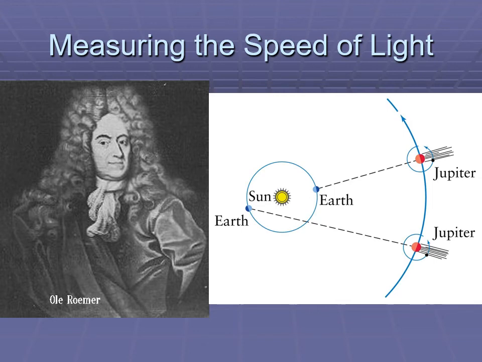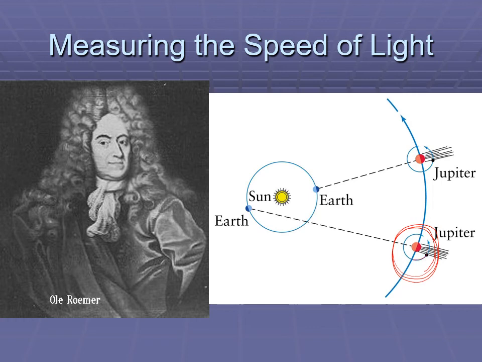Now, one of the things you needed was an accurate way of telling time. And on a ship, that was very difficult to do, because the most accurate clock they had in those days was a pendulum clock. And a pendulum clock would get off if the ship was rocking. And so what Roemer realized was that for a clock, you could use the moons of Jupiter, because Jupiter's moons go around Jupiter in a very regular pattern.